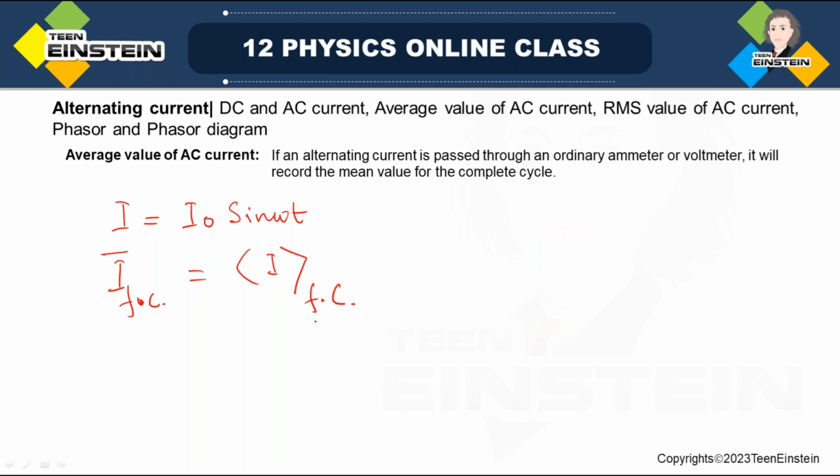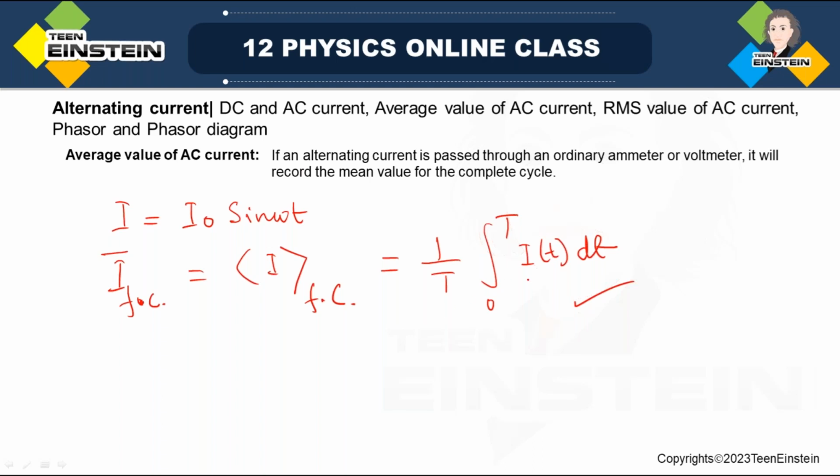How to define that? Suppose the total time period is capital T. Then 1 over T, integral from 0 to T of I(t) dt. This is the way we write the average value for a complete cycle.